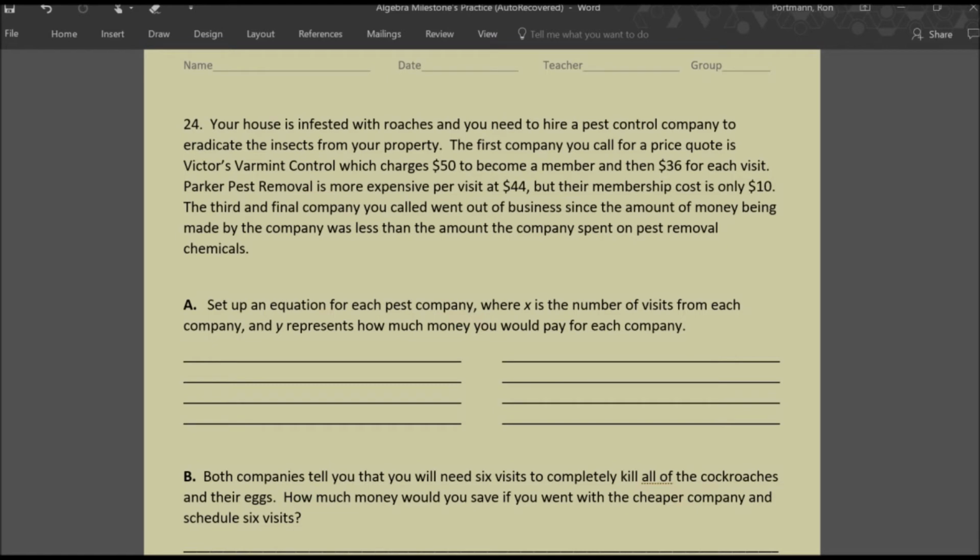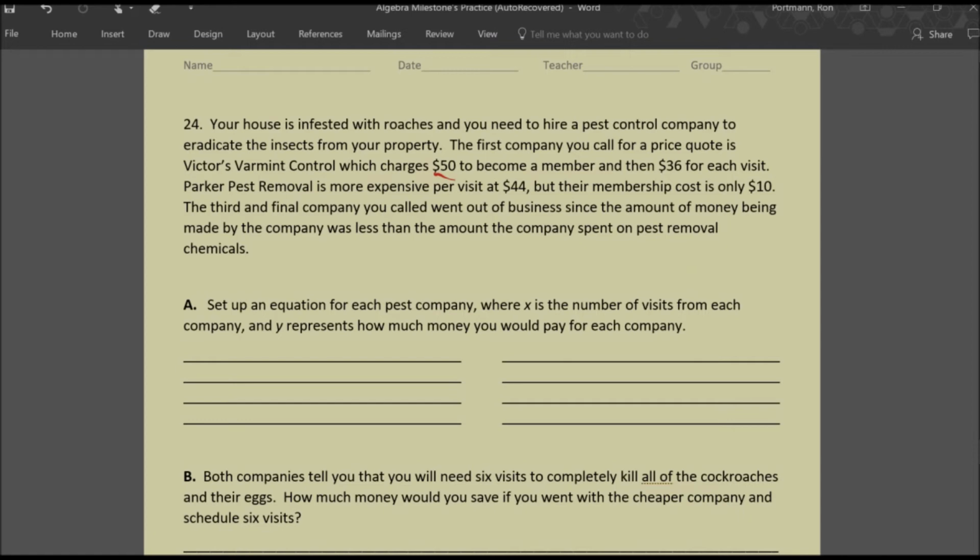The first company you call for a price quote is Victor's Varmint Control, which charges $50 to become a member and then $36 for each visit. All right, so Victor's Varmint Control is $50 to become a member and then $36 every time he comes over. Parker's Pest Removal is more expensive per visit at $44, but their membership cost is only $10.